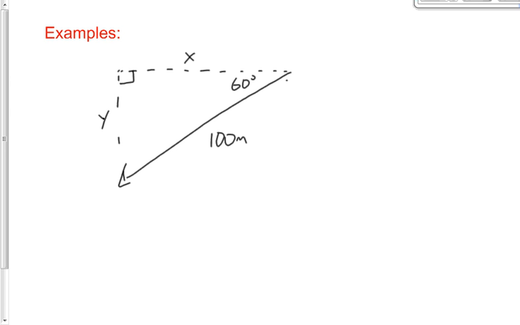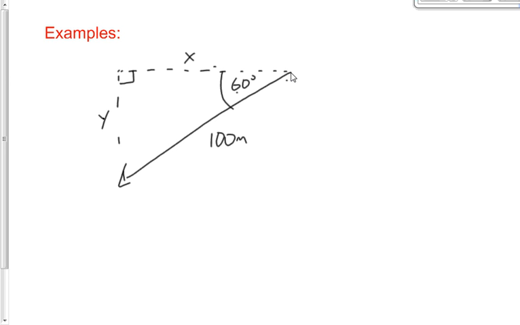Is the x component opposite or adjacent? Yep, it's adjacent. So if we're looking for adjacent, we've got hypotenuse. Let's use which trig function? Question? No? X is adjacent here because it's touching the angle, right?